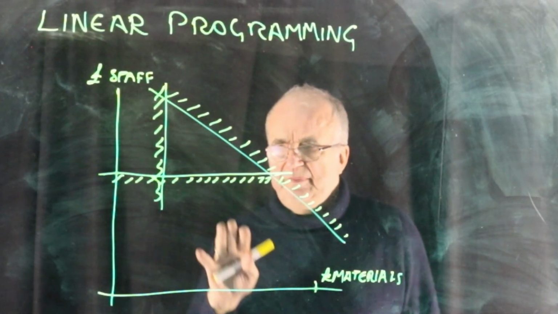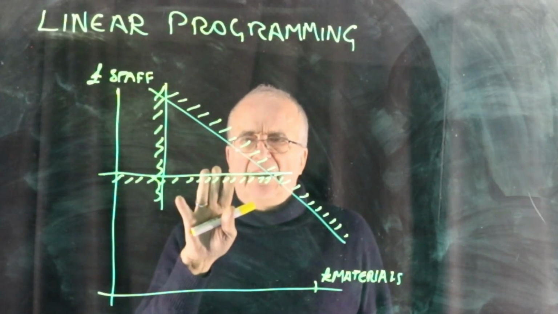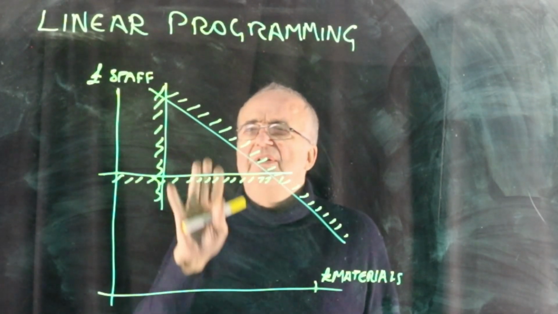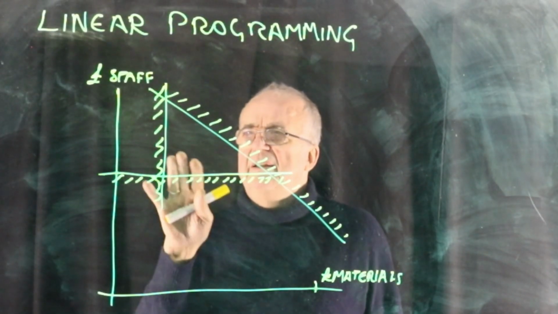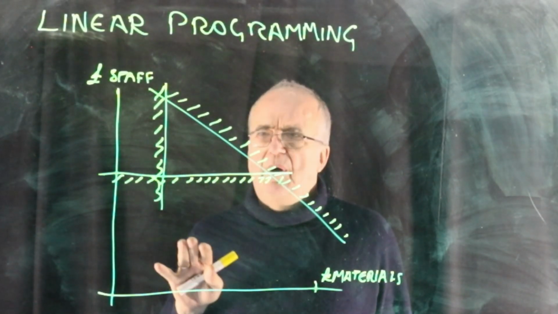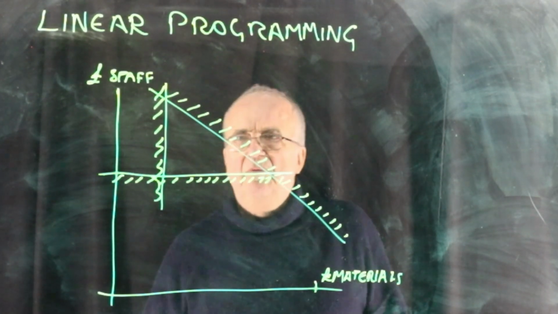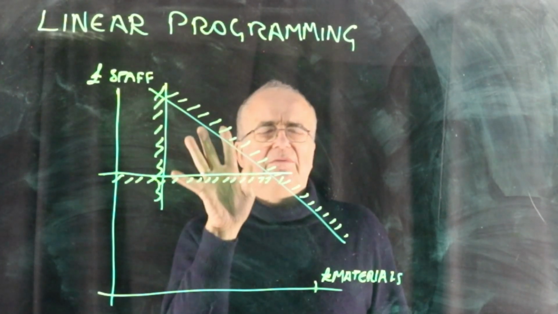Now other people may have ideas about where they want the school to operate in terms of spending, but if they don't lie within that area, they're not going to work.